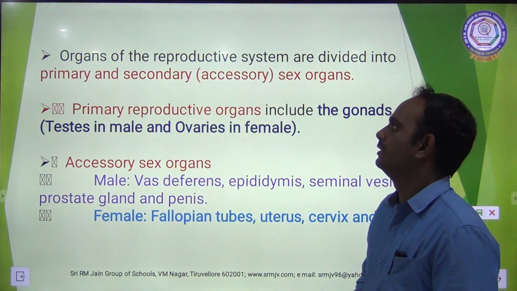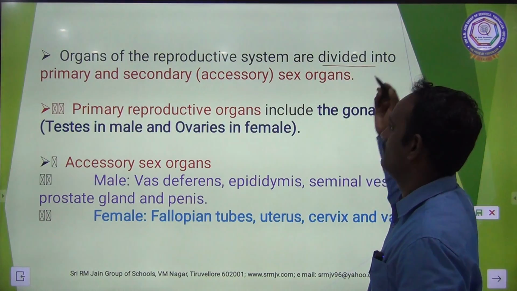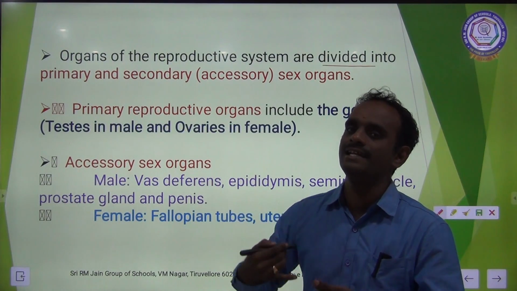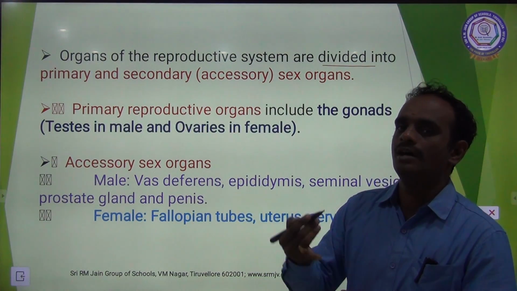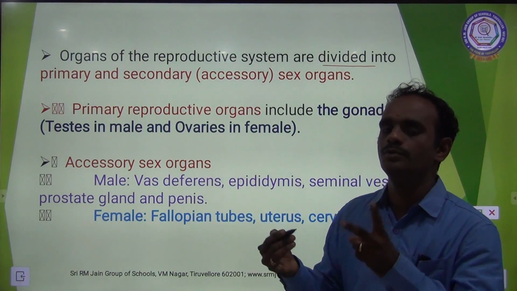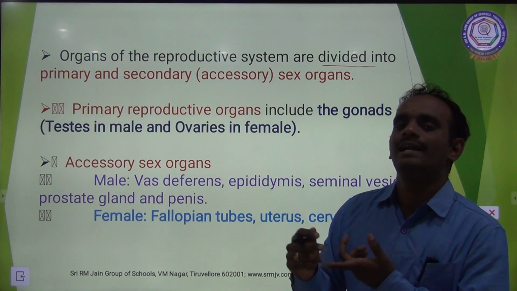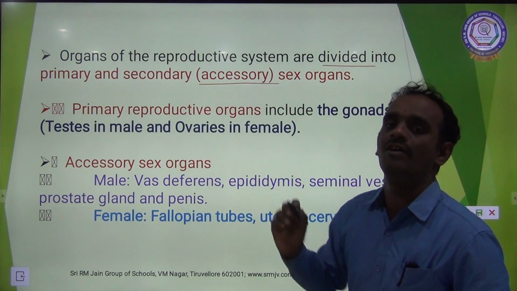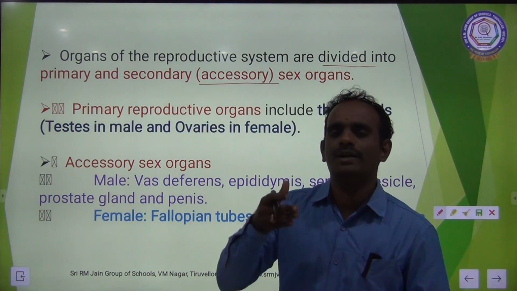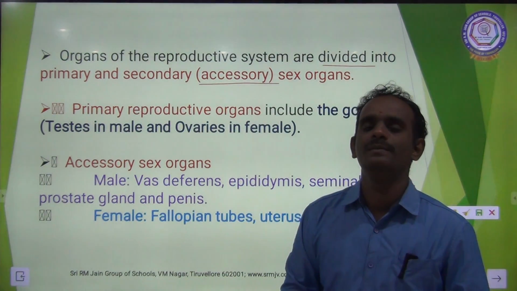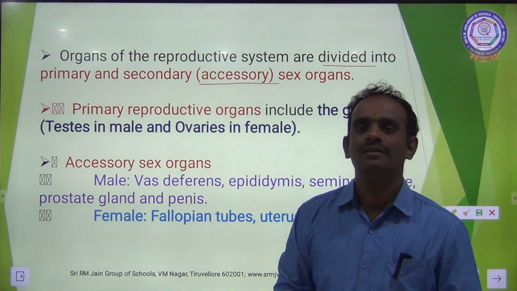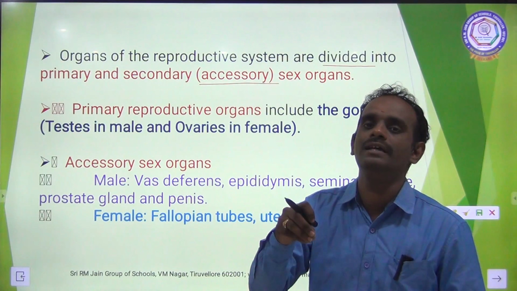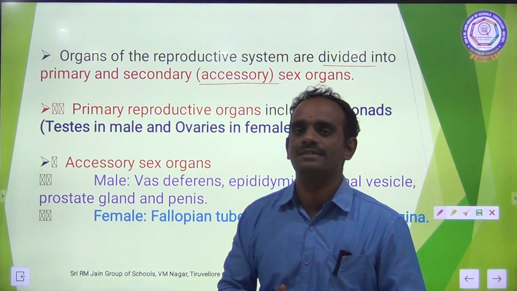Organs of the reproductive system are divided into primary organs and secondary or accessory organs. What is the meaning of primary organ, children? Yes, the main organs. Those organs produce the gametes.